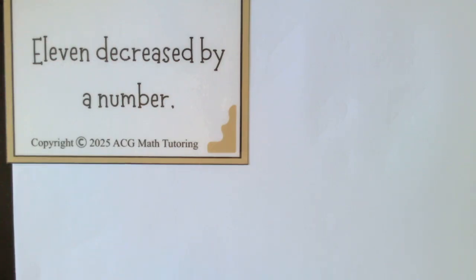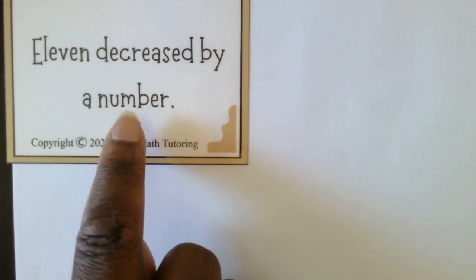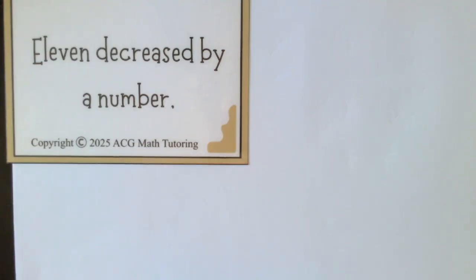It's not an answer, Kimberly. We're actually just going to translate it from verbiage to an algebraic expression. So it's not going to be equals, because we don't know what the number is. Perfect.